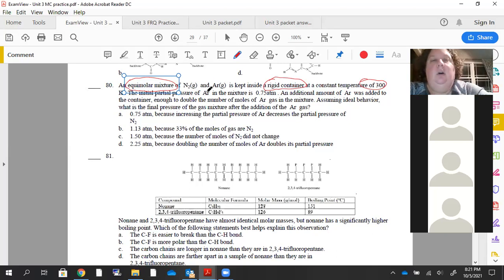So if initially argon was providing 0.75 atmospheres of pressure, that is related to argon's mole ratio. So they told us that we had an equimolar mixture of nitrogen and argon, which means, to be totally honest, let's pretend like this is easy. Let's pretend like we've got 1 mole of each.